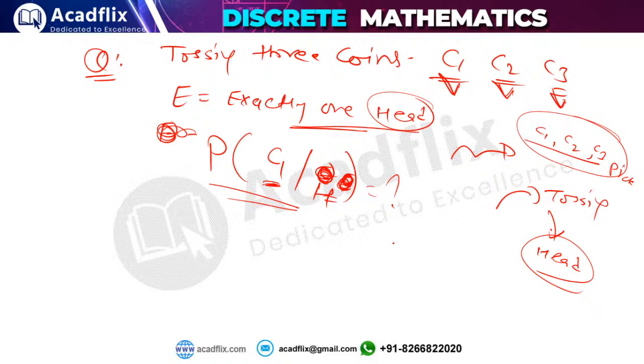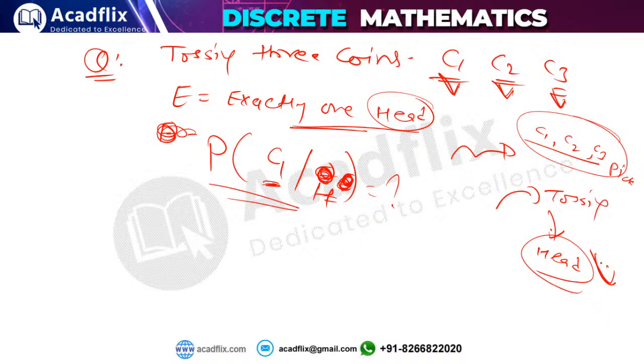Are you getting this point? Anyone has any doubt in this question? Very simple question. You have 3 coins, you are picking any one of them, then you are tossing. You know the result is head, so this is the only information you have. Now we are asking, what is the probability that you have chosen C1 given that head has come?